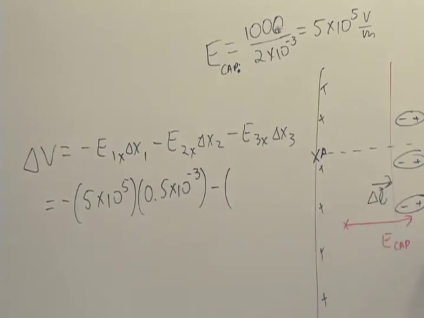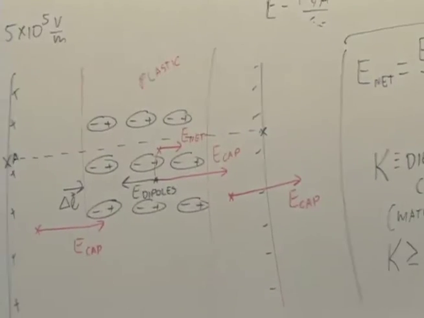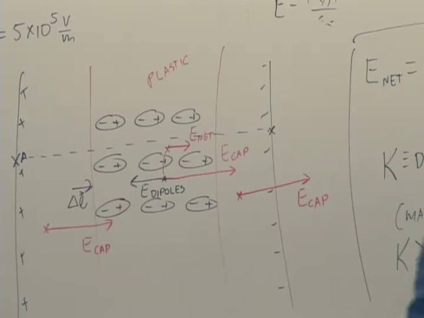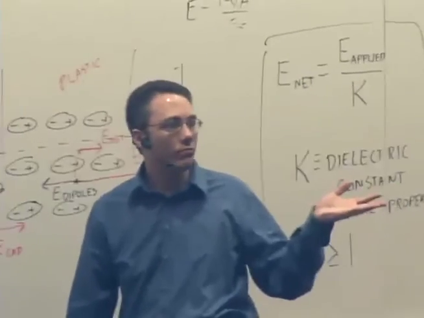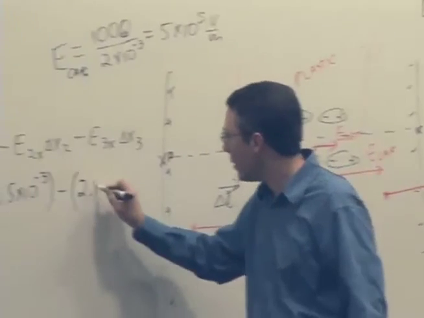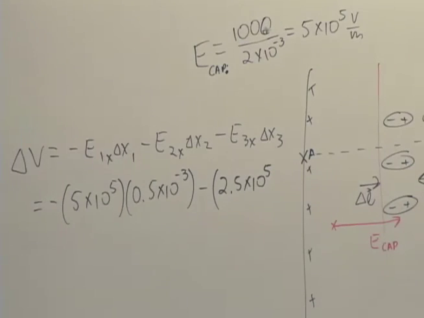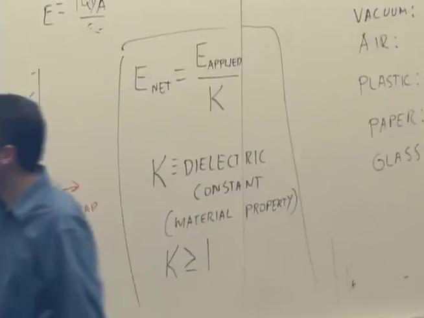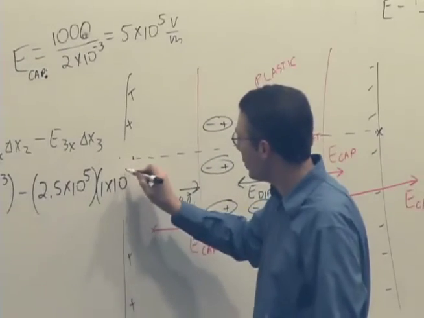E2, the new electric field inside the plastic, is what? 2.5 times 10 to the fifth, right? It's going to be the applied electric field due to the capacitor divided by the dielectric constant, which is 2. So 2.5 times 10 to the fifth times 1 millimeter, 1 times 10 to the minus 3.